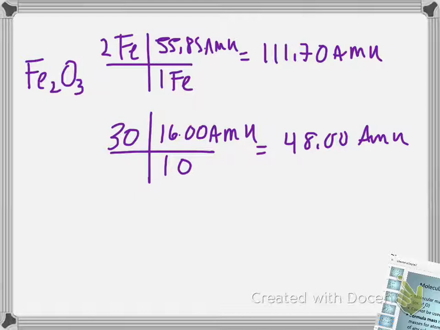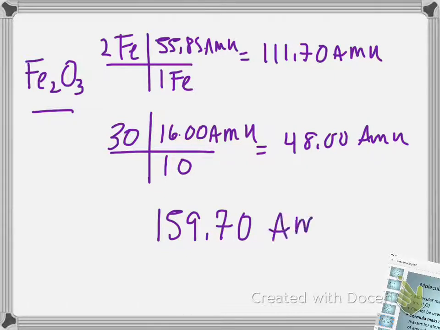Okay, when I add those up, I get a mass for every little unit of iron 3 oxide of 159.70 AMUs. Now I'm going to be careful with my sig figs. We're not governed by this because those are counting numbers, not measured numbers.